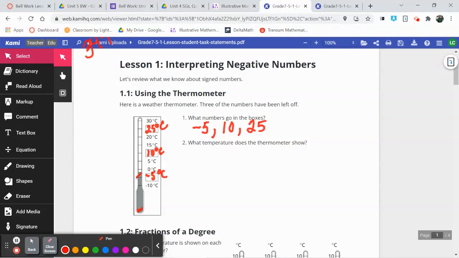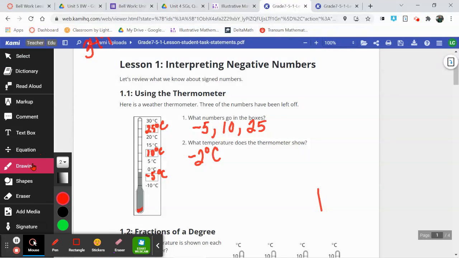That's -5, that's 0. Boy, it sure looks like it's at about, what would you think? Maybe -2? That's what it looks like to me. -2 degrees Celsius. About. And remember, the closer to 0, the numbers get larger. When we go up on the thermometer, it gets warmer. When we go down on the thermometer, it gets colder, which is going to be important when we get to the next page.